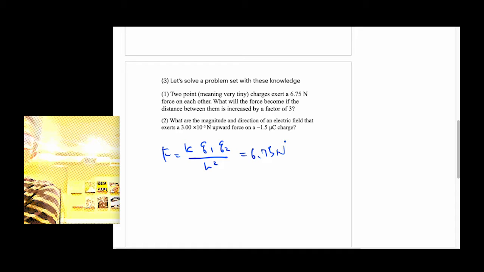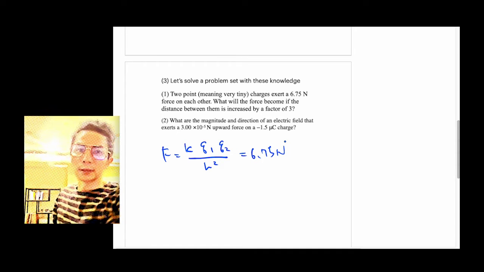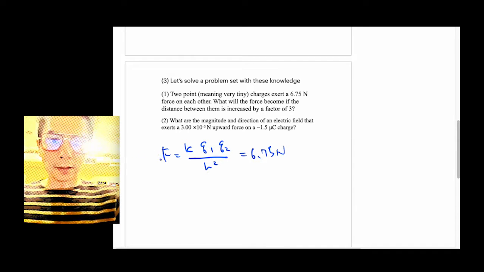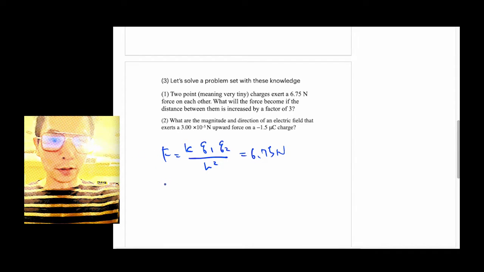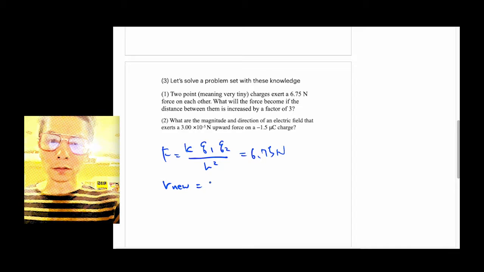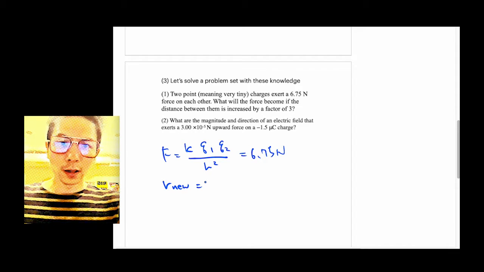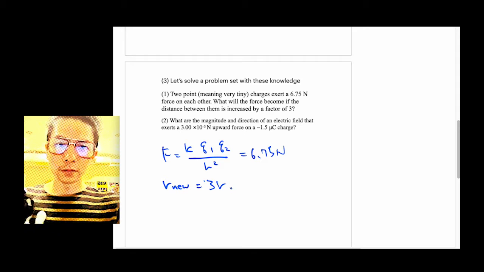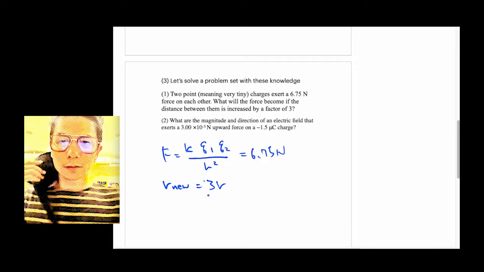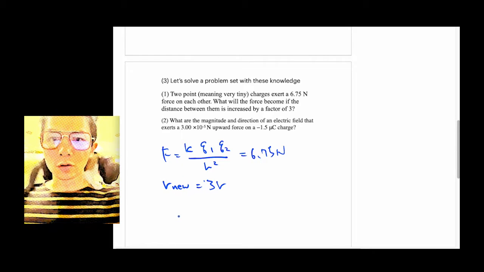And here you're going to increase the distance. Actually, let's say the new distance is increased by a factor of 3, so you can write R new equals 3R. Let's plug this into Coulomb's law.